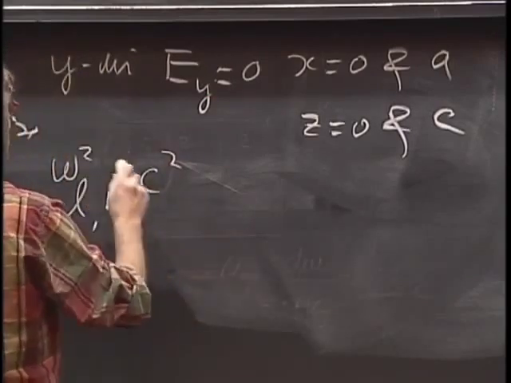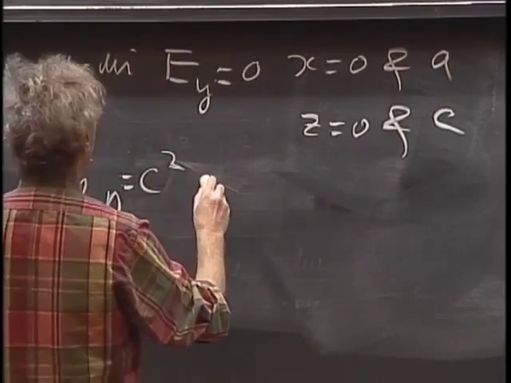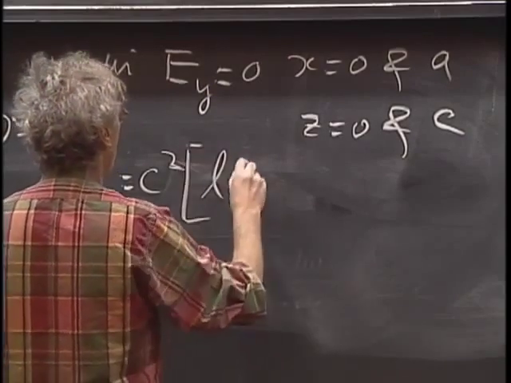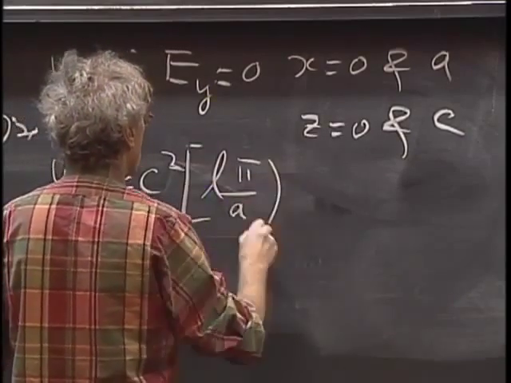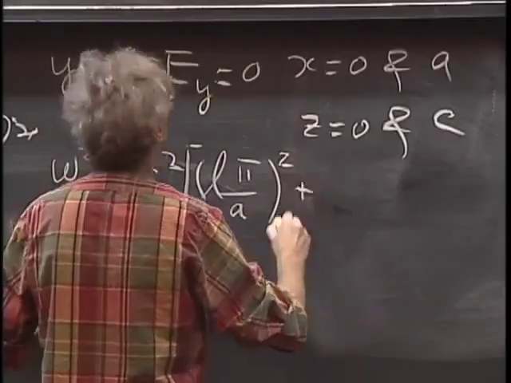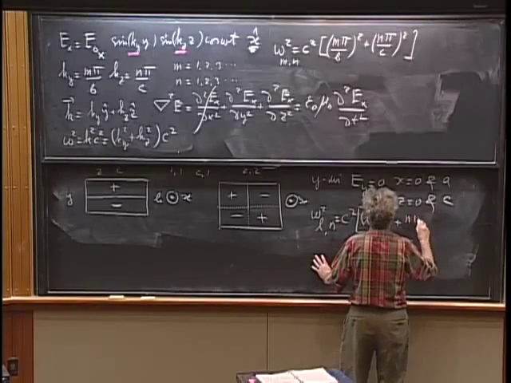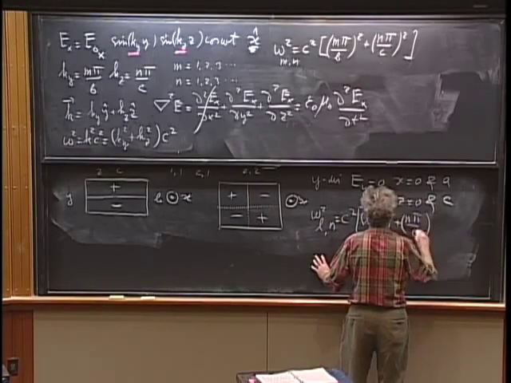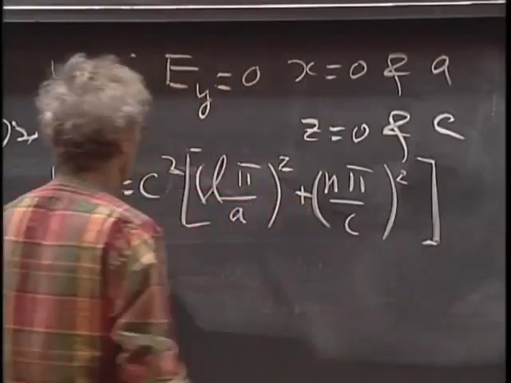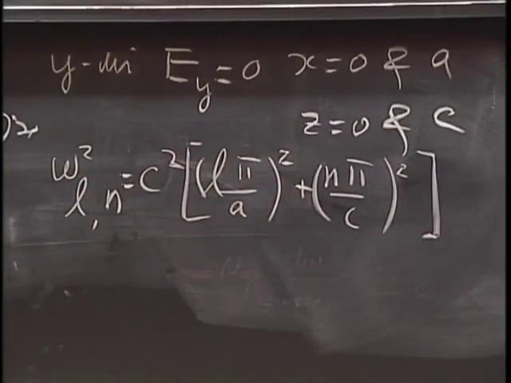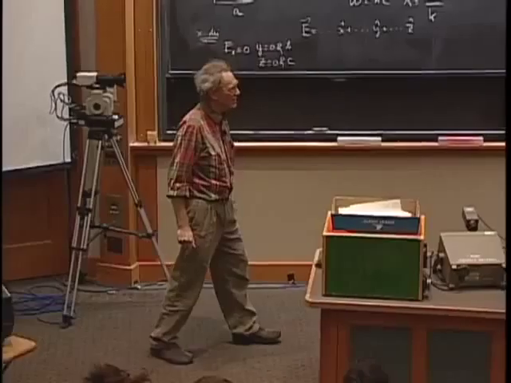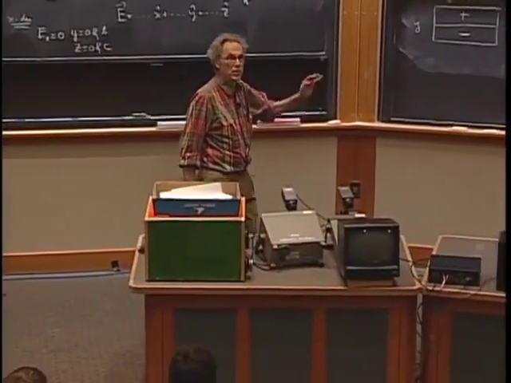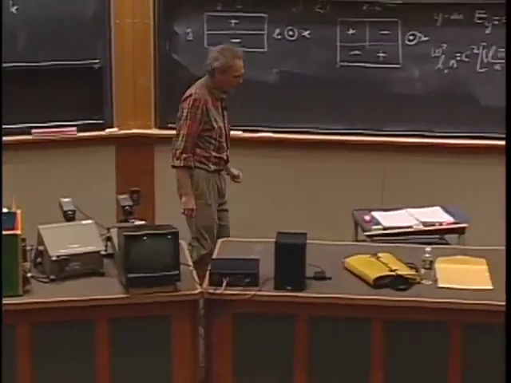I will do it in terms of squares, and then I will get (L pi over a) squared plus (N pi over c) squared, and that's it. So now we have another infinite family of values from L as in lion, N as in Nancy, which give me the resonance condition in the y direction.